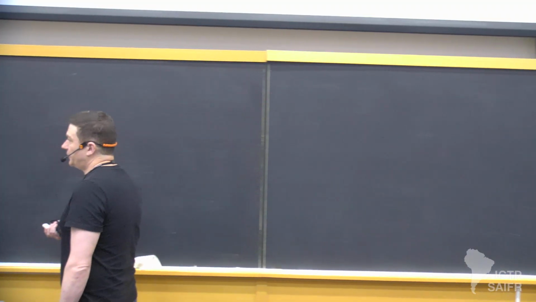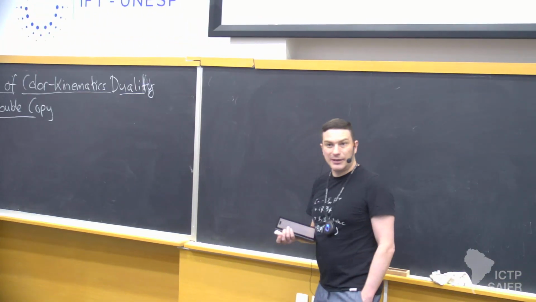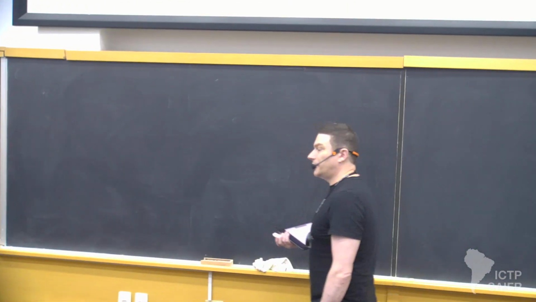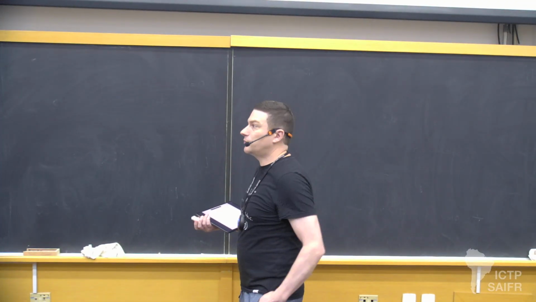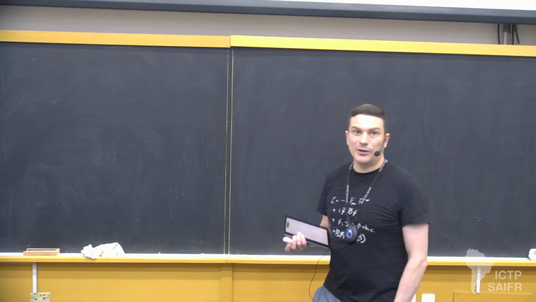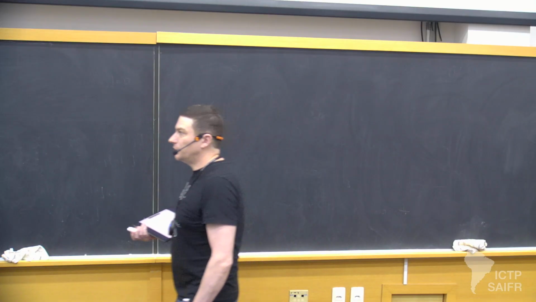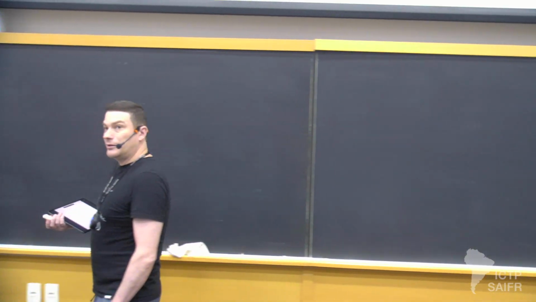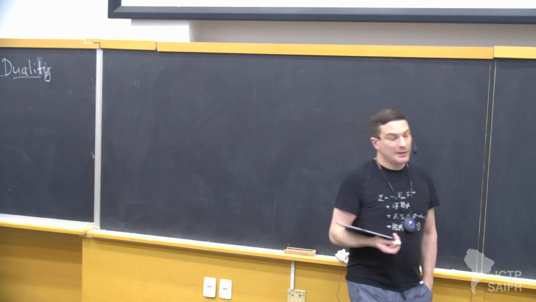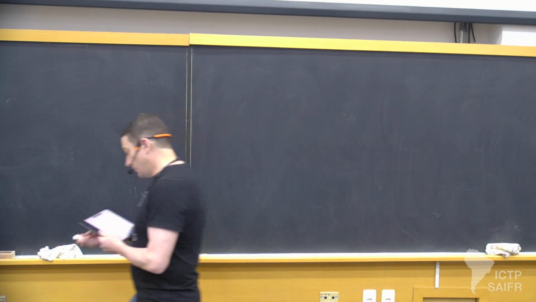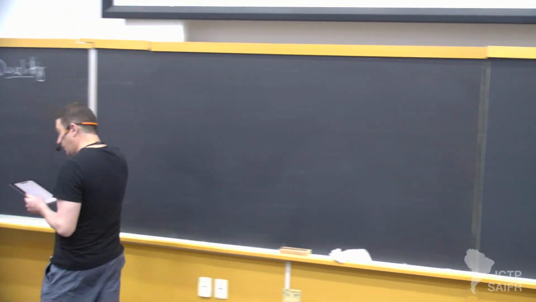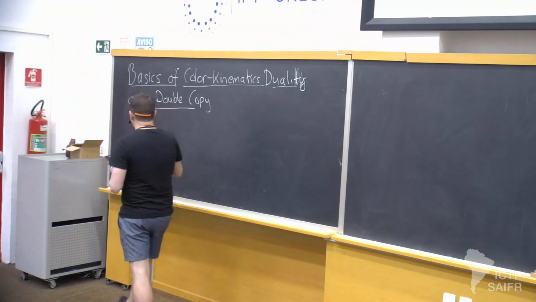And I will basically start today's lecture by saying a few words on double copy, but then I will quickly move into talking about color kinematics duality, because that's really the precursor for double copy. Once you understand color kinematics duality, then the double copy is actually not so hard to understand, even if that's the cooler part. So let's start.